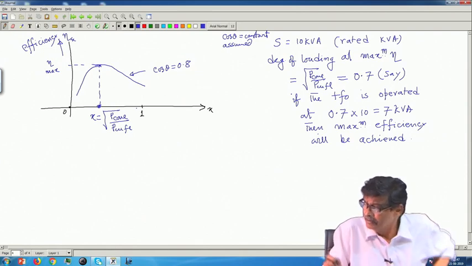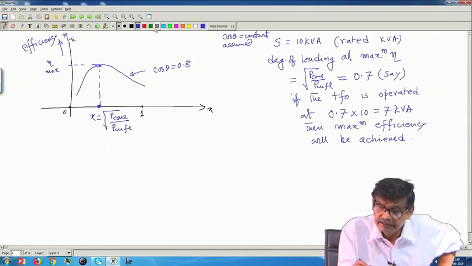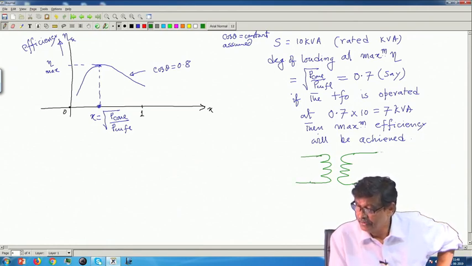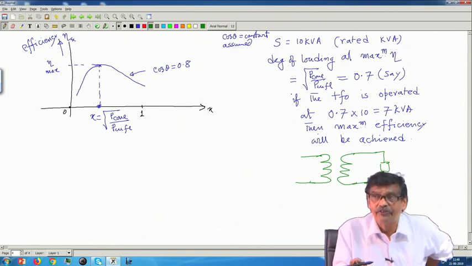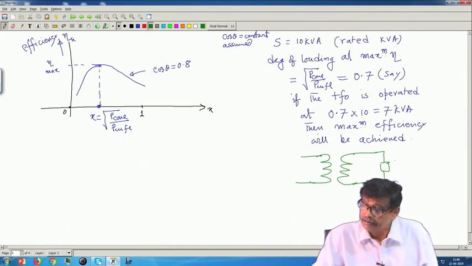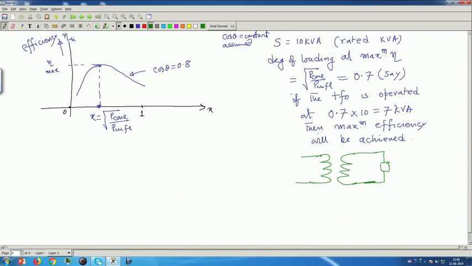What does that mean? It means that this is your actual transformer, when you will do this exercise of loading it. How keeping cos theta constant can I vary the current, the degree of loading? Any impedance such that you can vary the current, it is Z, magnitude of Z I will vary keeping theta constant.